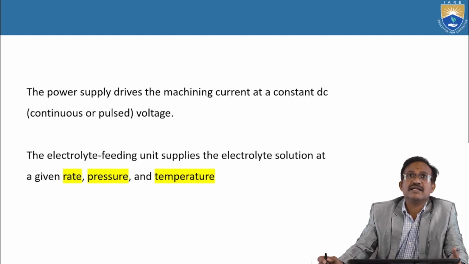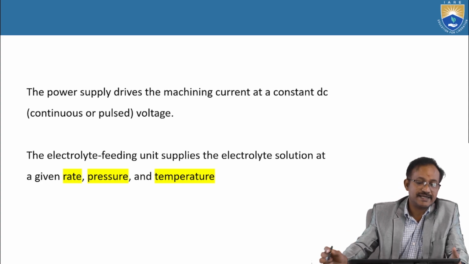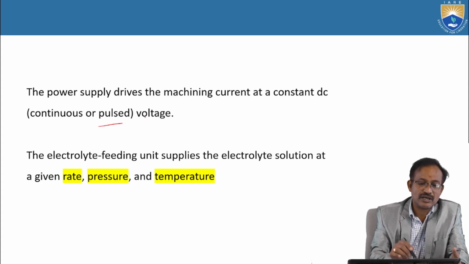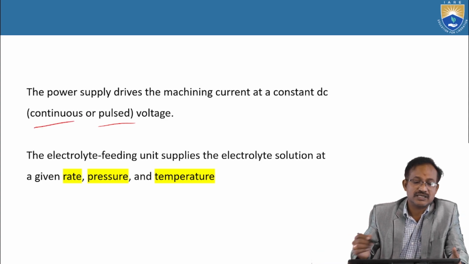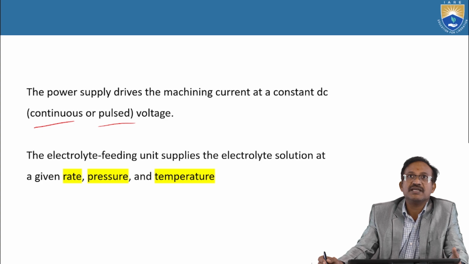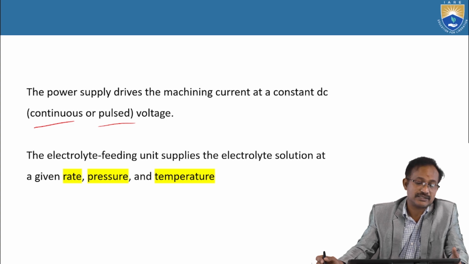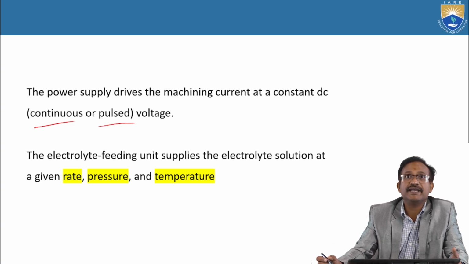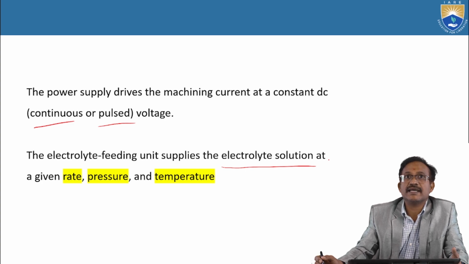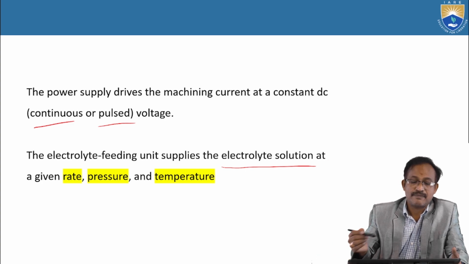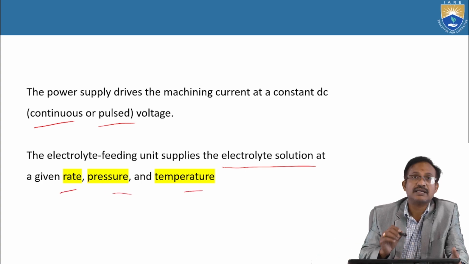The power supply drives the machining current at a constant DC, that is continuous or pulsed voltage. The power supply drives the machining current at a constant DC voltage. The electrolyte feeding unit supplies the electrolyte solution at a given rate, pressure and temperature.